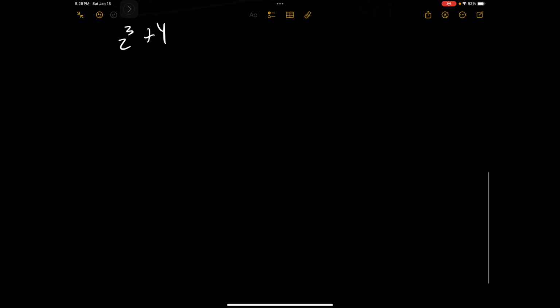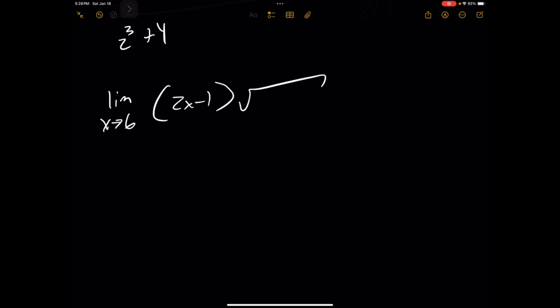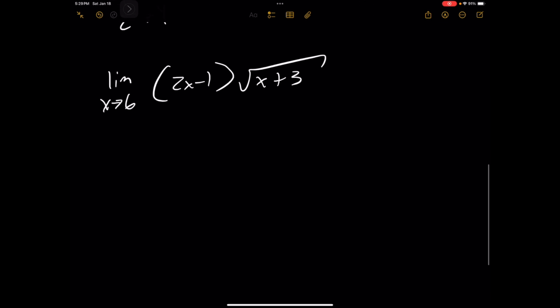Similarly, we have the limit as x approaches 6 of 2x minus 1 times the square root of x plus 3. Here I have the product of two things, and the limit as x approaches 6 of this product is just going to be plugging in 6.